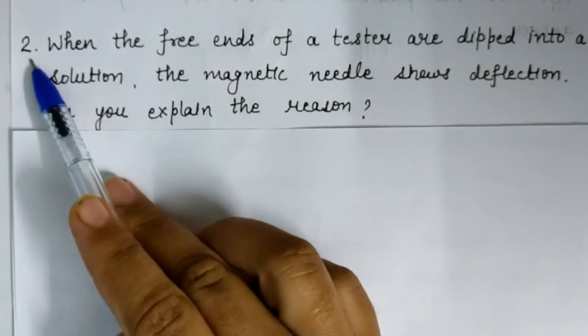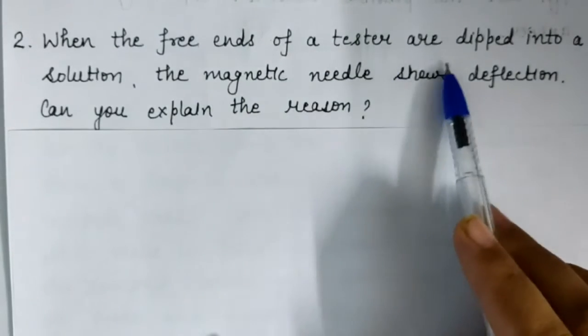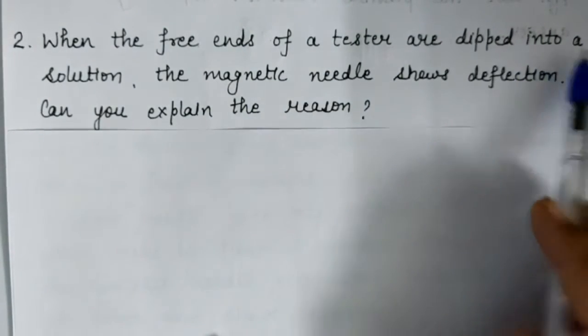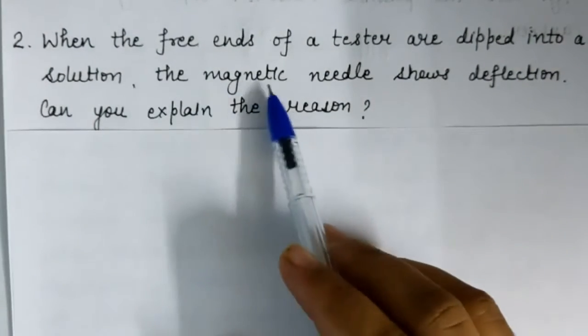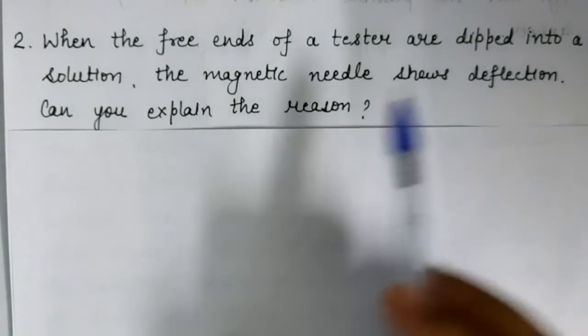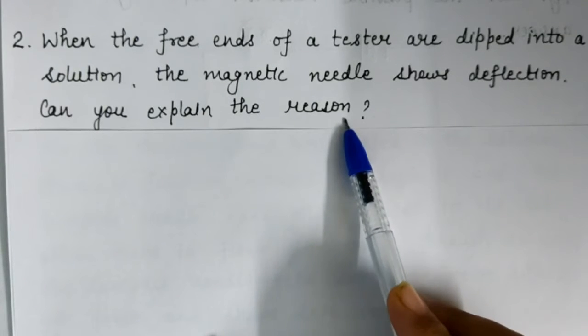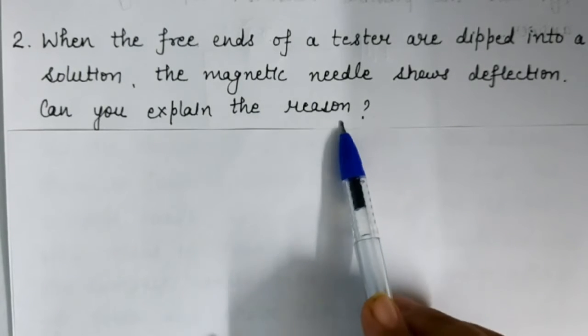Now question number 2: when the free ends of a tester are dipped into a solution, the magnetic needle shows deflection. Can you explain the reason? Means you have to write the reason for it.